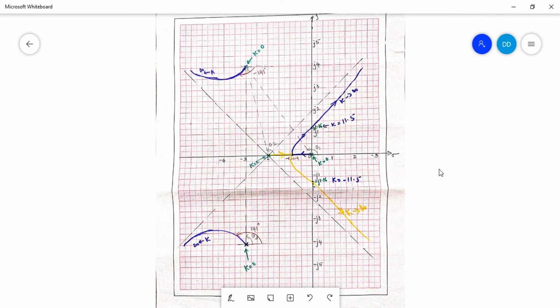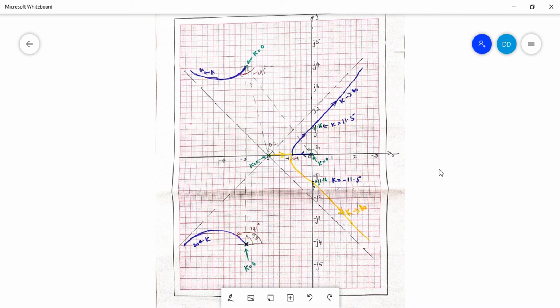Then we have to mark the intersection with the imaginary axis, j 1.16 and minus j 1.16. At that particular point, our k value is 11.5. Next, we have our centroid at -2. So with that centroid, we have to mark 45 degrees, 135 degrees, 225 degrees and 315 degrees. So we have to mark that.